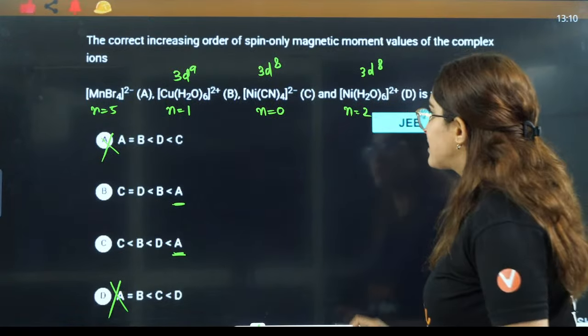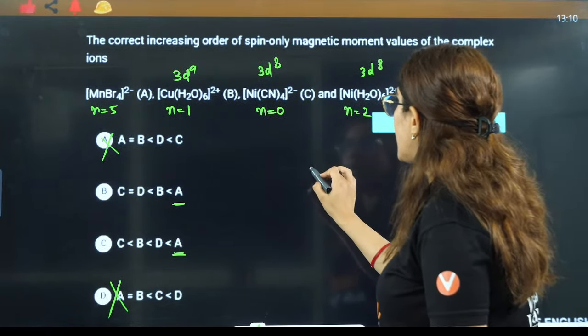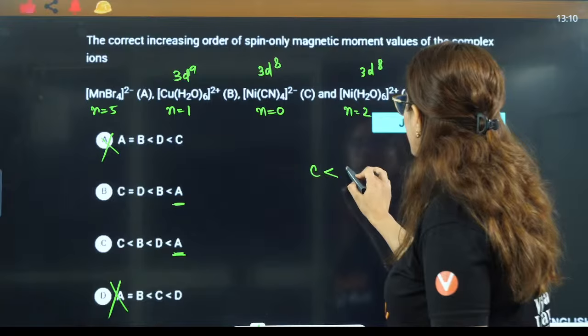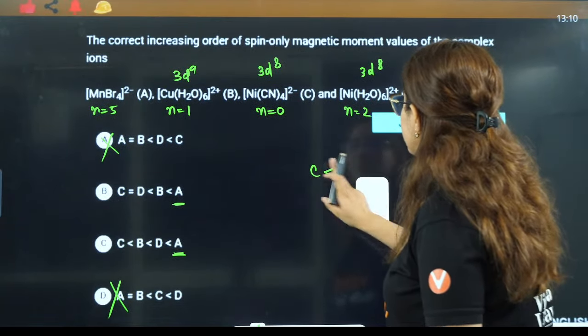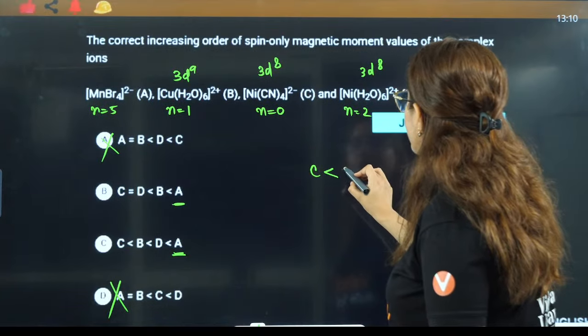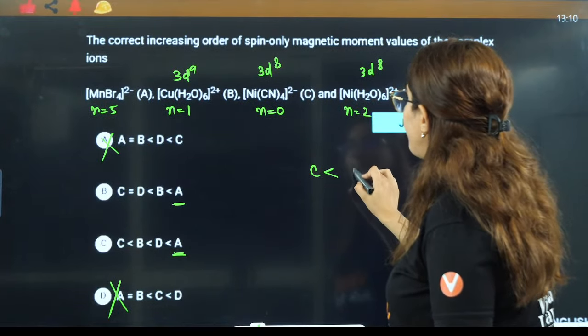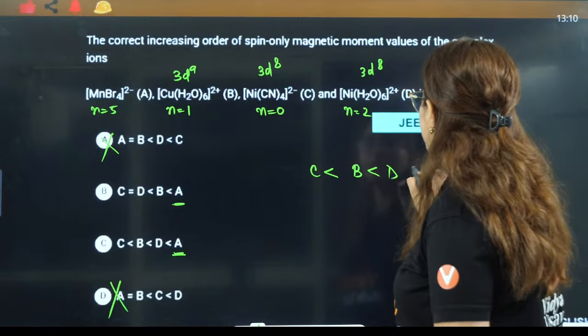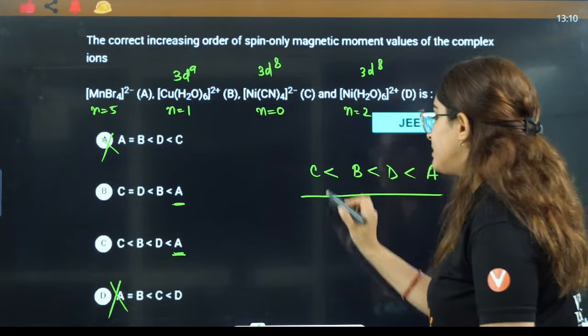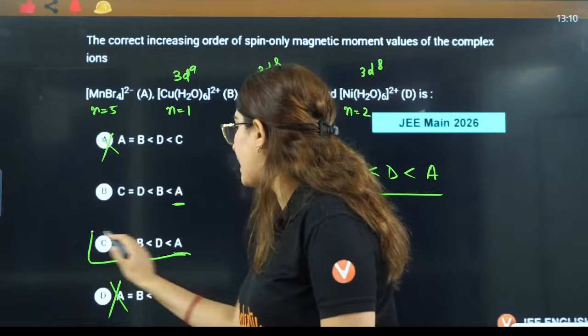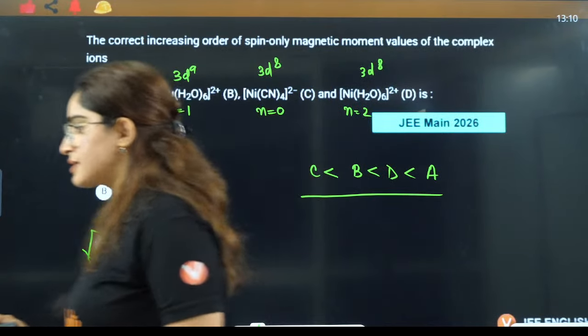So C has minimum, after that you have B, after that you have D, and after that you have A. So A, D, B, C, that means C will be the correct answer here.